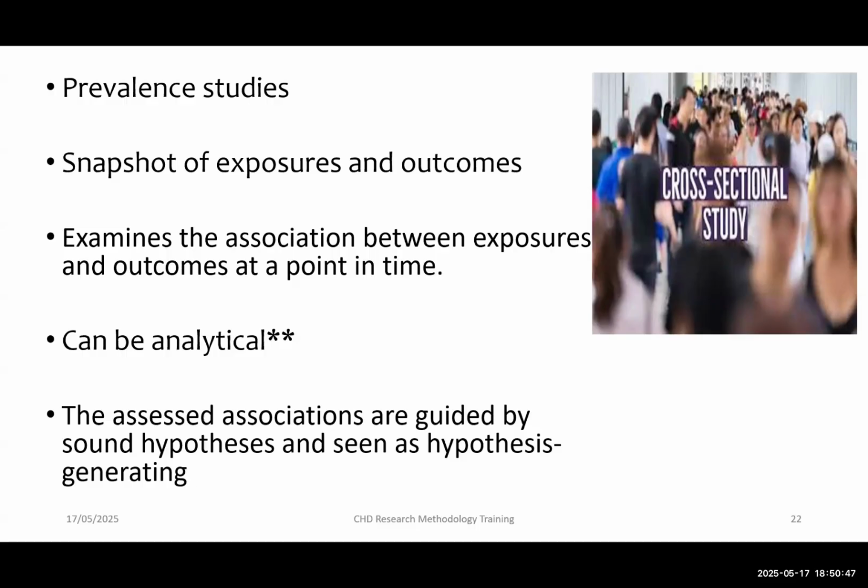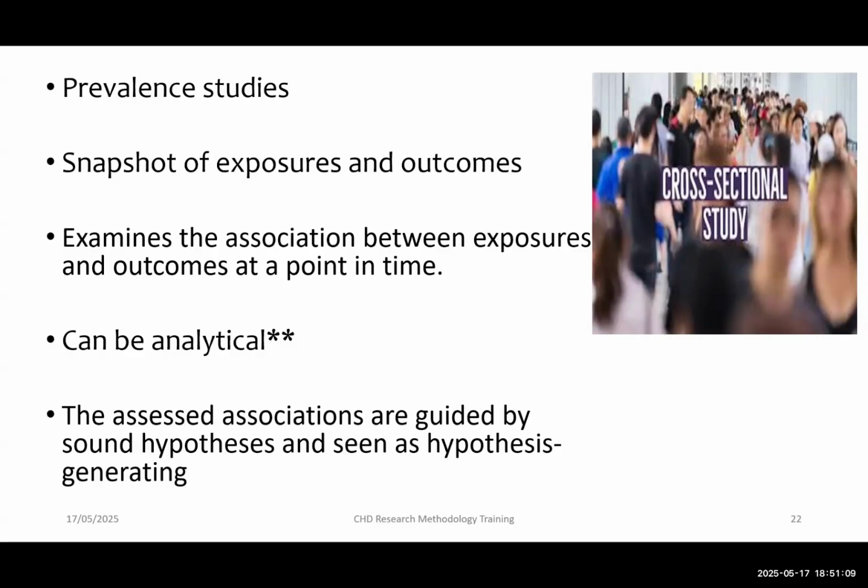The investigator is taking a snapshot of the exposure and the outcome. So it describes the disease, the burden, the trends, and it's collecting the information simultaneously, and it examines the association and exposure at a point in time.